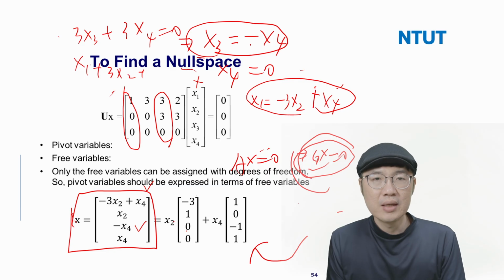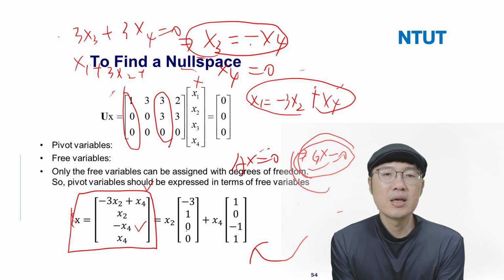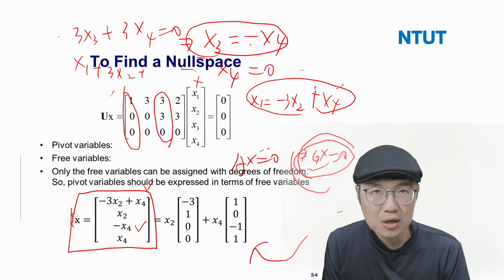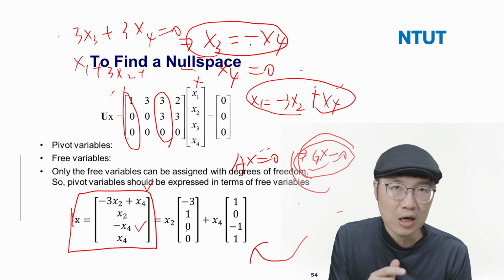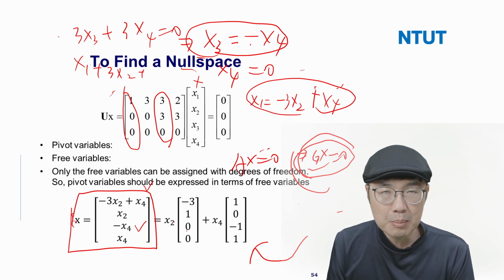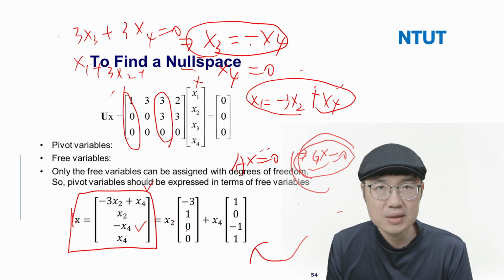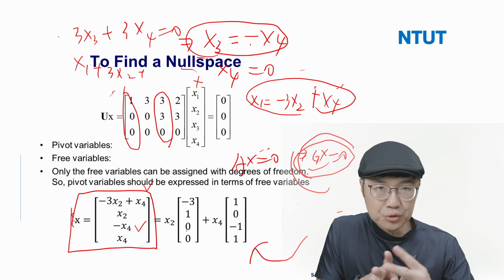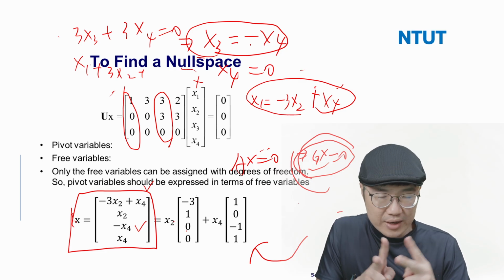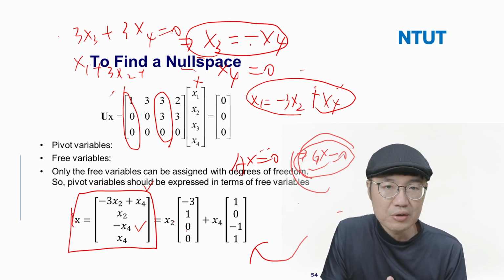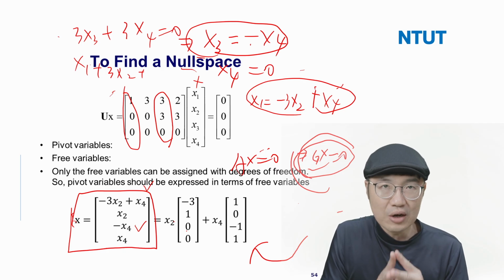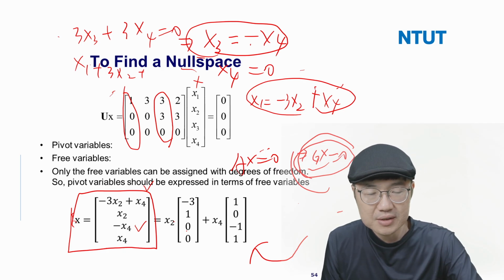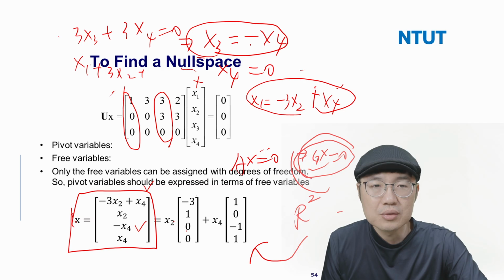In other words, the null space vectors is the linear combination of 2 vectors from R4, including minus 3, 1, 0, 0, and 1, 0, minus 1, 1. There are 2 vectors. Their combination becomes the null space. So the null space dimension in this case is R2.